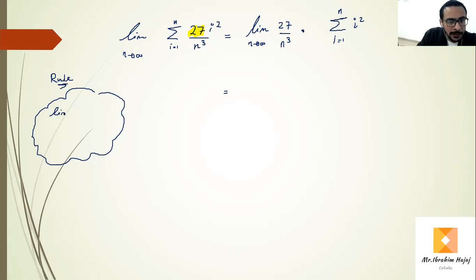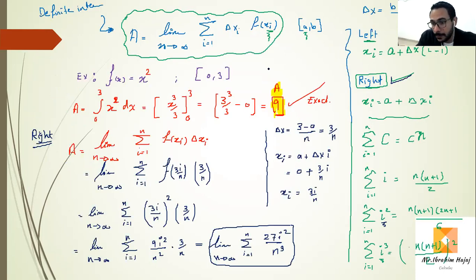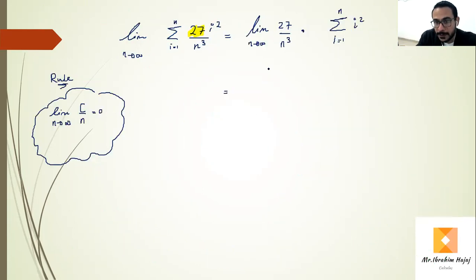When we take the limit as n, or x, or anything approaches infinity, limit at infinity, what we said is that a number c over n, as n approaches infinity, equals directly 0. Like here, 27 over n cubed equals what? The summation of i squared is n plus 1 times 2n plus 1 over 6.